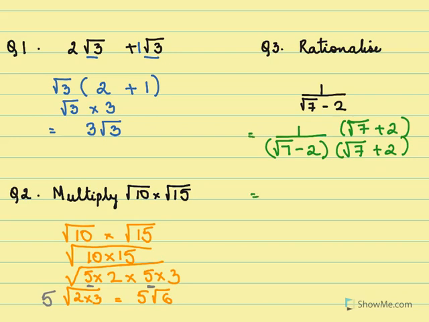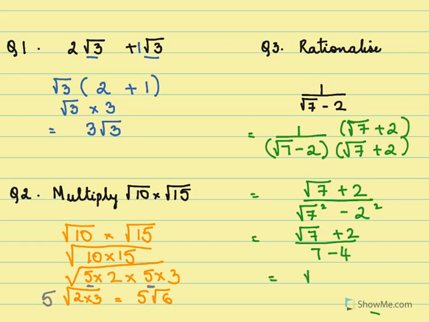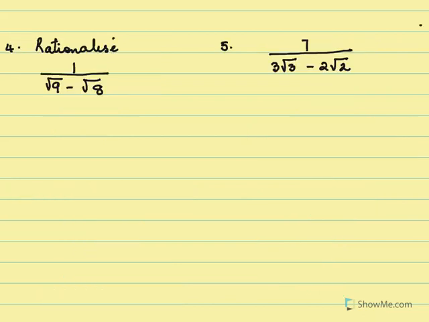So the numerator will be root 7 plus 2, denominator a plus b, a minus b, a square minus b square. So root 7 plus 2 over root 7 into root 7 is 7 minus 4, that is root 7 plus 2 over 3.